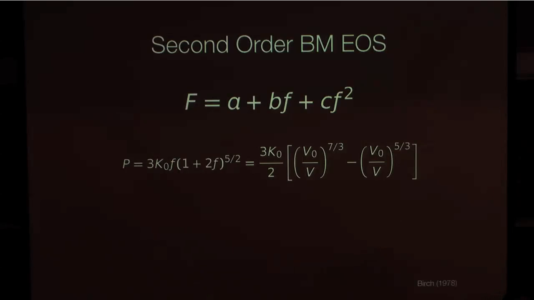At 1 bar, the bulk modulus is notated K naught. If you do that, you can get this equation of state. It's the second order. The two material-dependent variables are volume at 1 bar and bulk modulus at 1 bar. Very simple. For most of the lower mantle minerals, you can measure these two parameters in the lab, and then you can just calculate the pressure as a function of volume nicely.